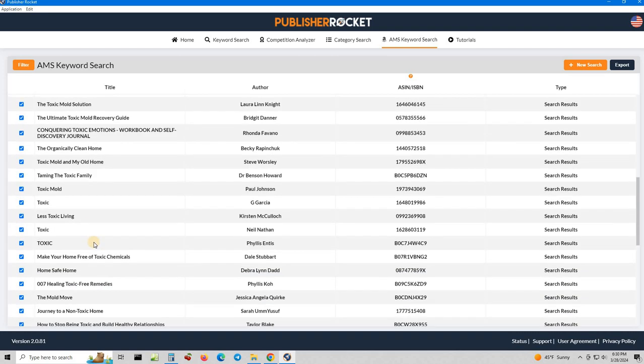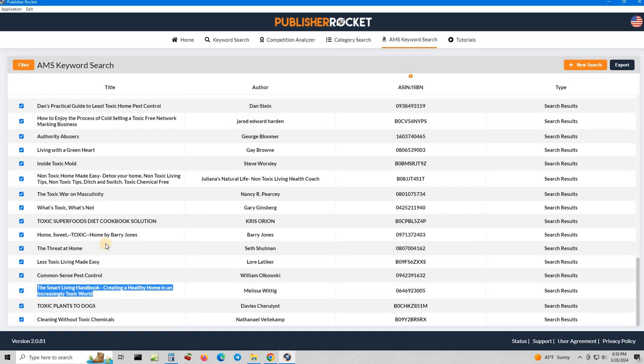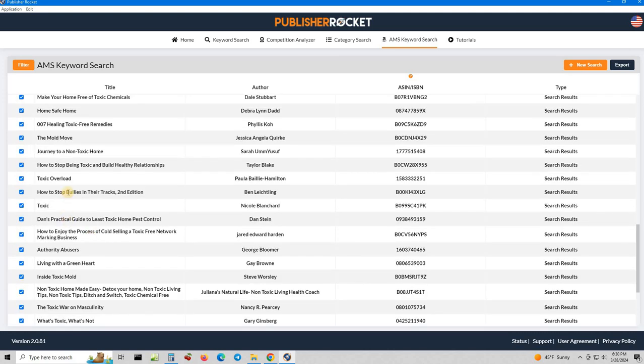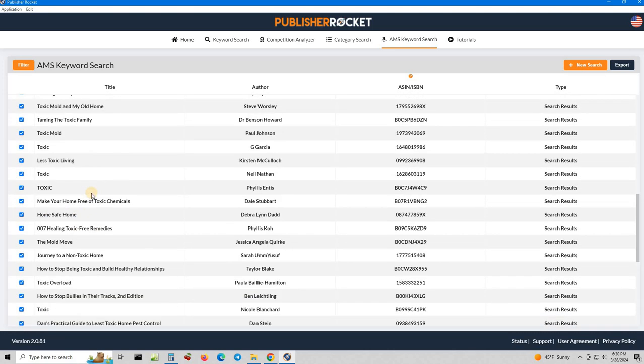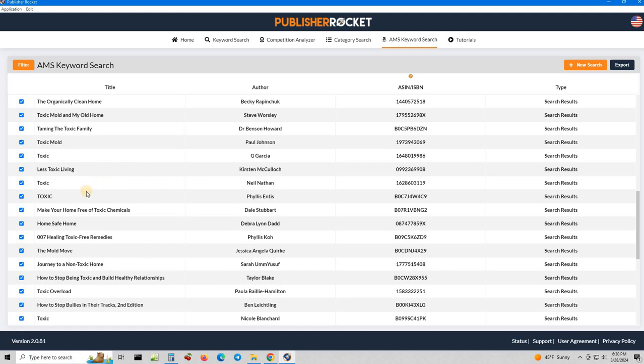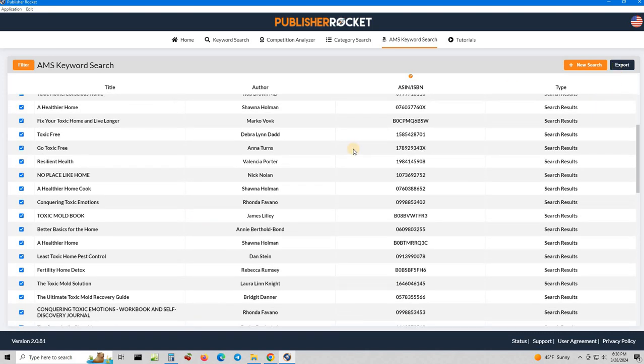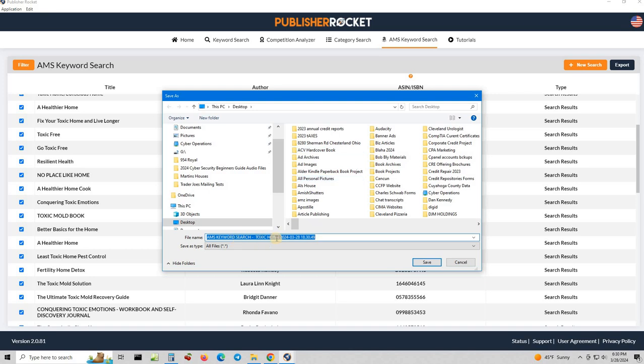It looks like there's about 50 here. No, maybe 40. But it doesn't hurt to target these. Throw them in there, 20 cents a click. If someone's searching, there's obviously very low competition here. So I would just export it. See, it does it as CSV. I think it does.